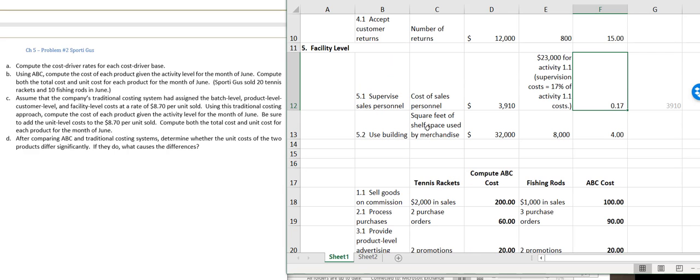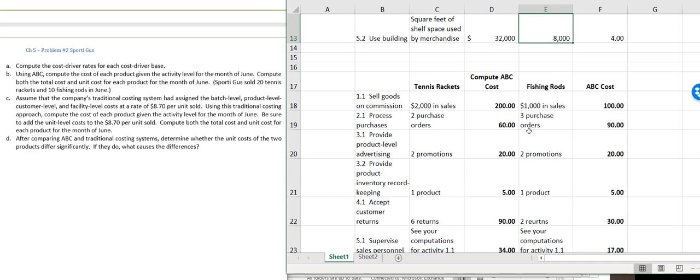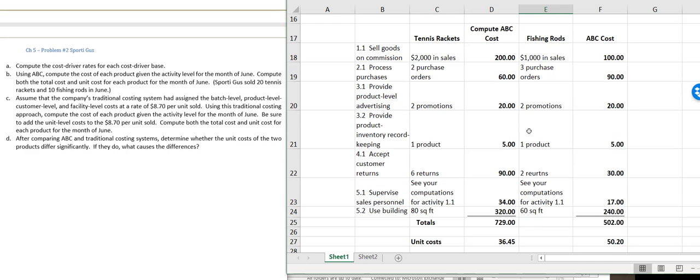Then for the building, we're using square feet of shelf space used by the merchandise, so that's probably $4 per square foot. What's this 8,000? That must be square feet. Yeah. Okay, so let's do our ABC costs first.